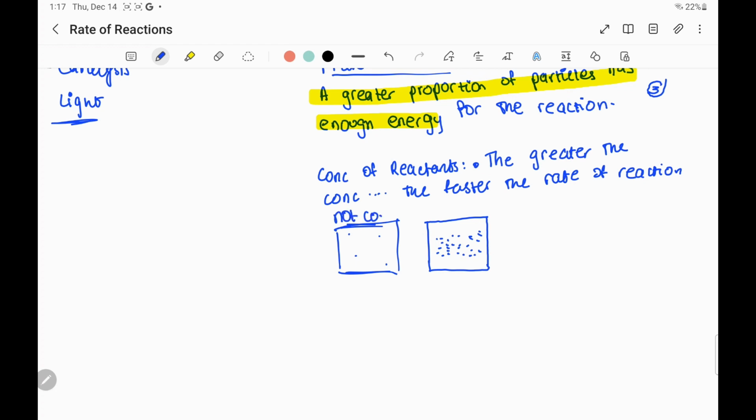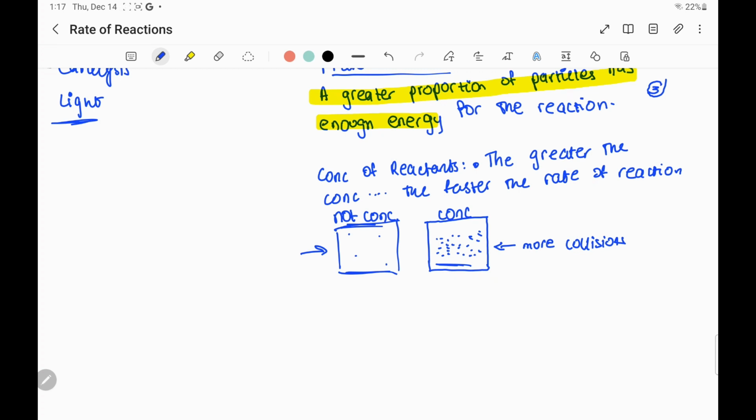The particles here are closer. So obviously you're going to have more collisions over here than over there, because here they do not have as much space as they do in the not concentrated one. And if they don't have that much space, then they're obviously going to end up colliding.